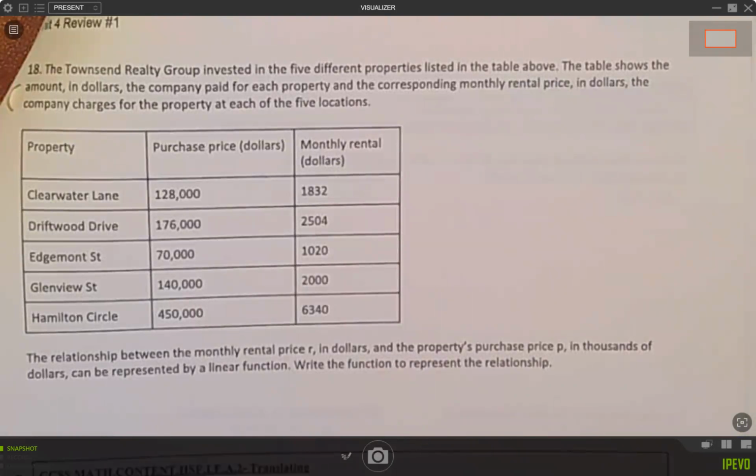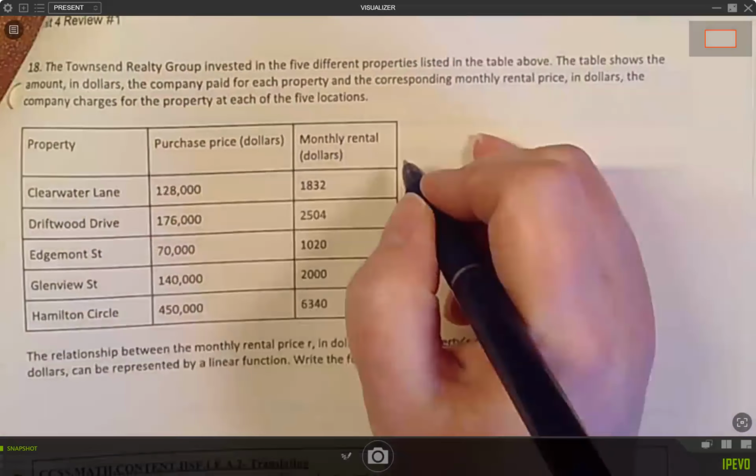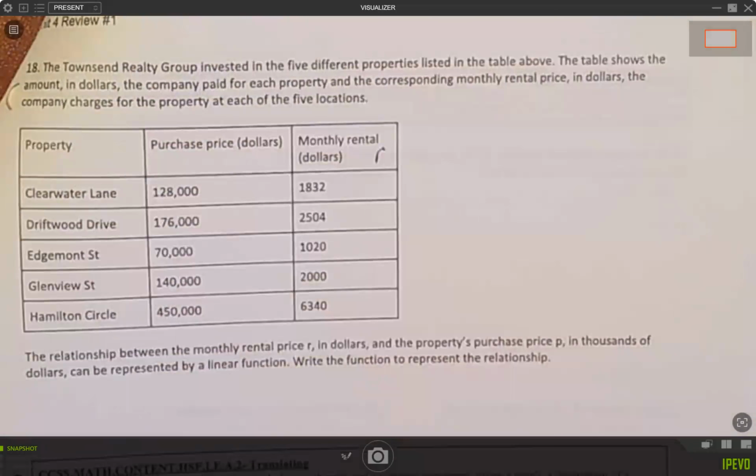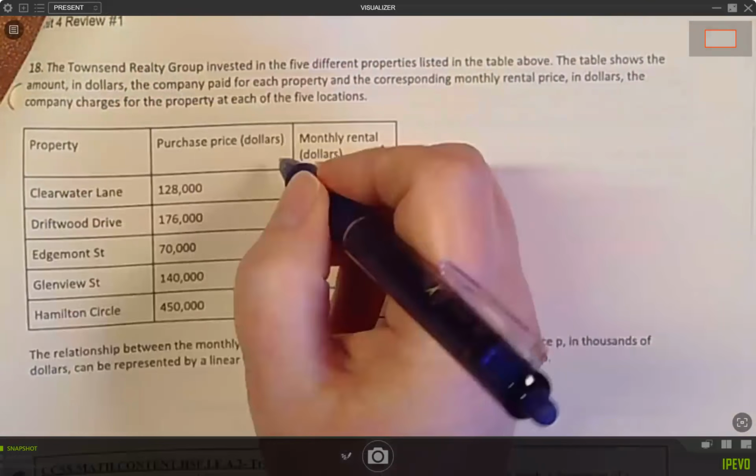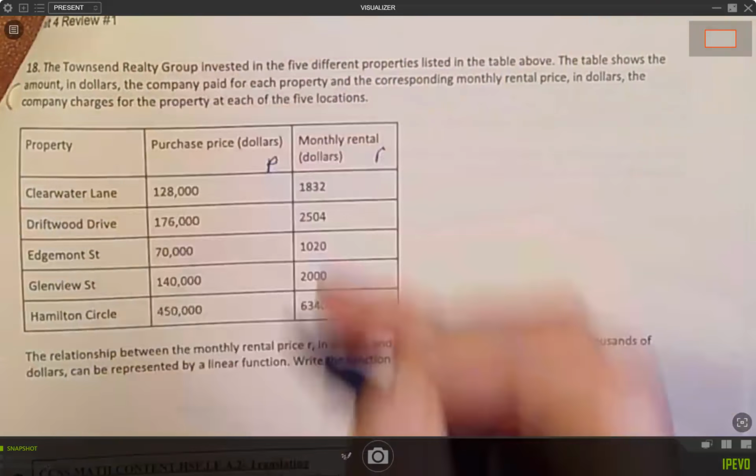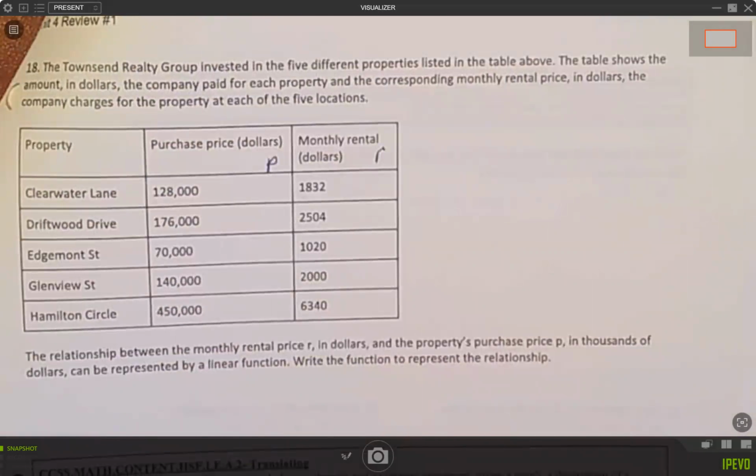The relationship between the monthly rental price R in dollars and the property's purchase price P in thousands of dollars can be represented by a linear function. Write the function to represent the relationship.